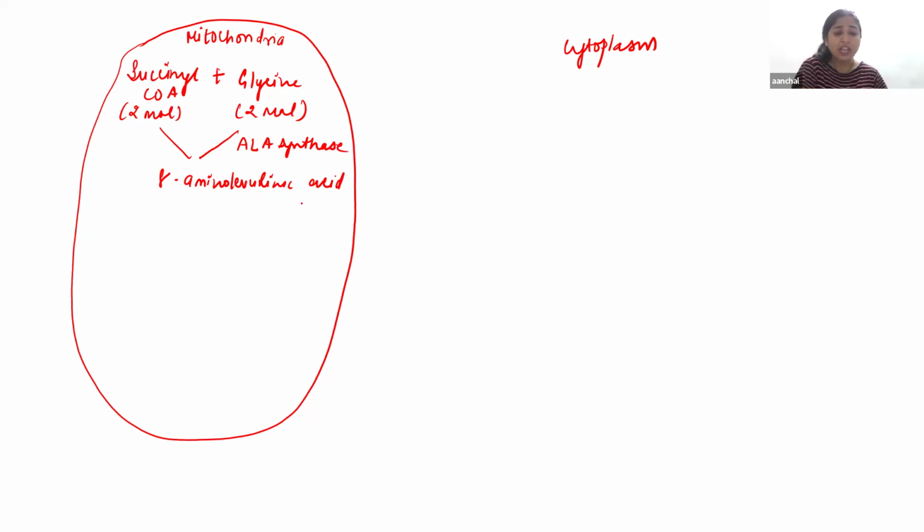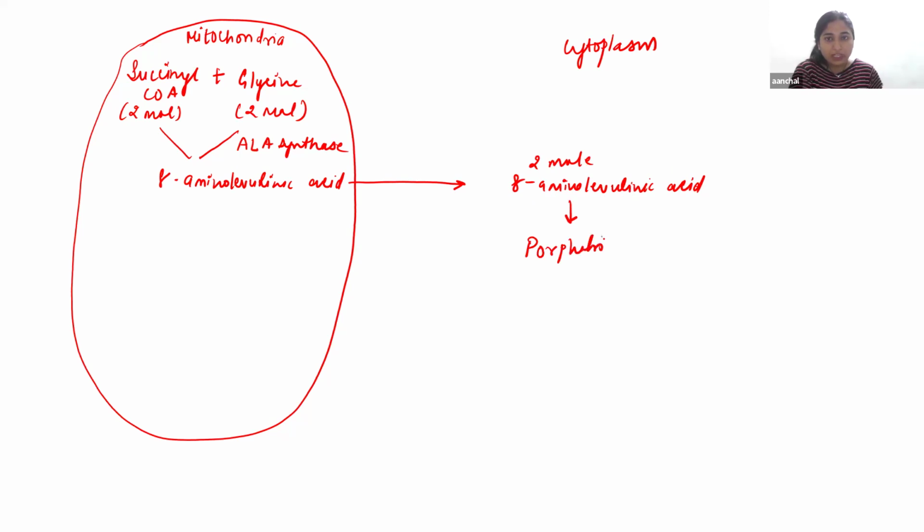Okay, now what happened? This product that we have constituted will go into the cytoplasm. ALA is transported to the cytoplasm, and two molecules of this product ALA combine to form another product that is known as porphobilinogen.